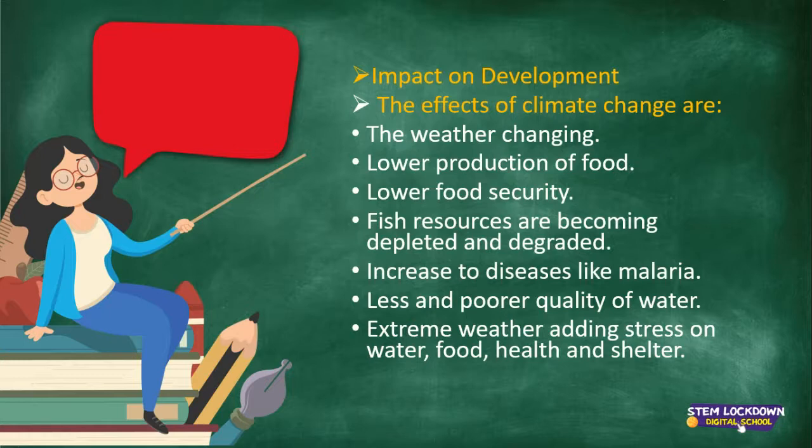So if we have more moist weather in South Africa, then we're most likely to get the kind of mosquitoes that survive in moist areas, and there will be an outbreak. So there are other diseases that will come from climate change, and if we don't stop climate change, then they will spread, and there are lots of plagues that can spread. So, less and poorer quality of water.